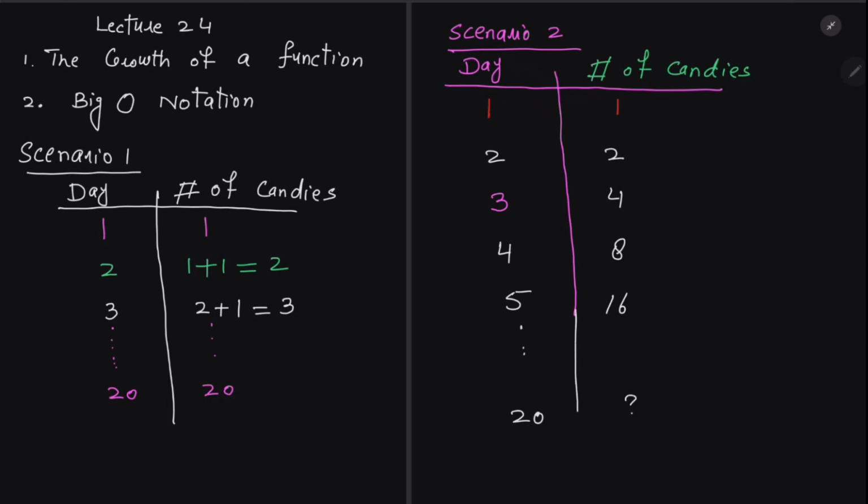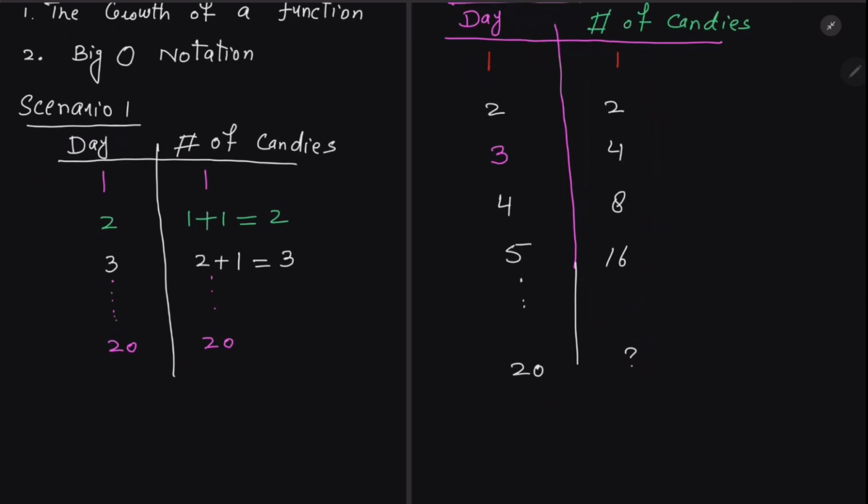In scenario 1, the number of candies is 20 at the end of day 20. But here, how many candies do you have? We must have some formula for the number of candies, and that formula is 2 raised to power n minus 1. How does this formula work?